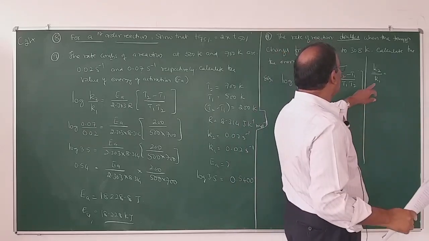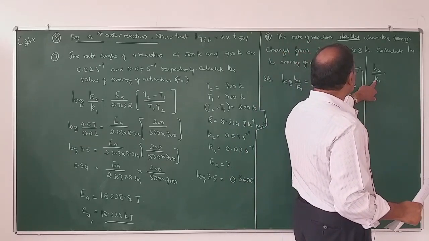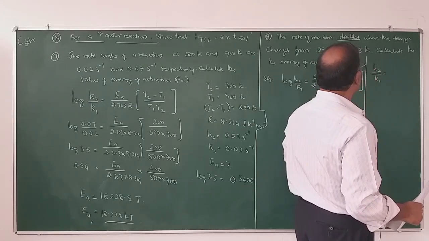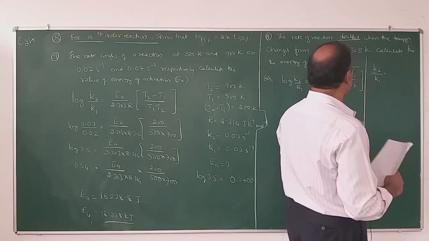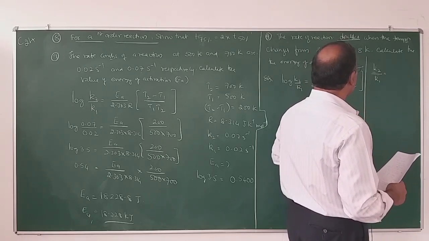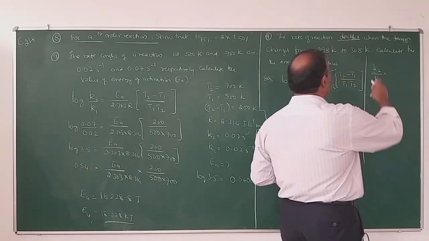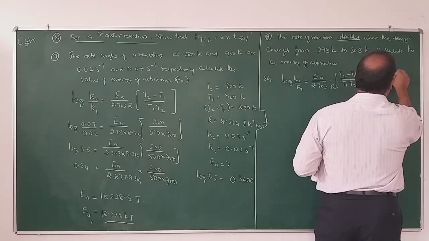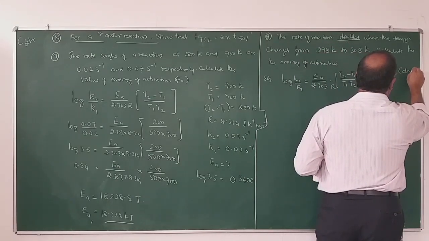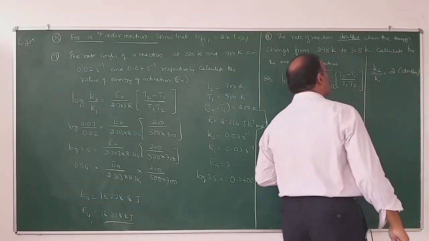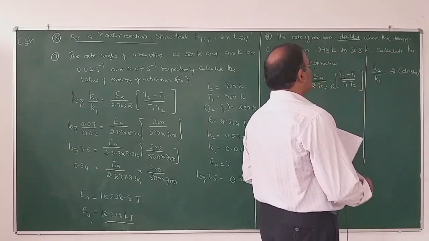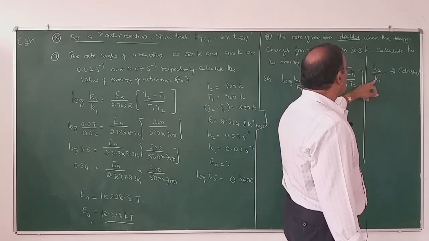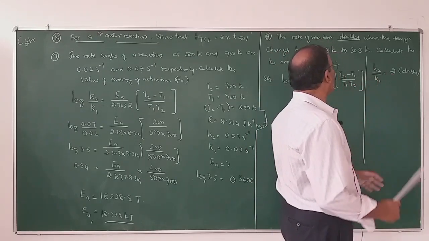So K1 is the rate constant at the lower temperature, and K2 is the rate constant at the higher temperature. K2 by K1 equals 2, since doubles means it becomes 2 times.